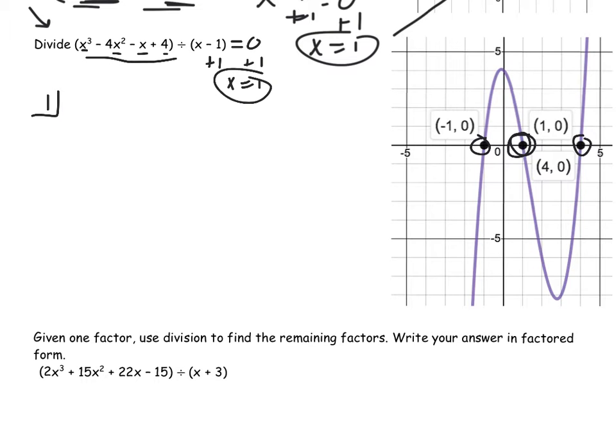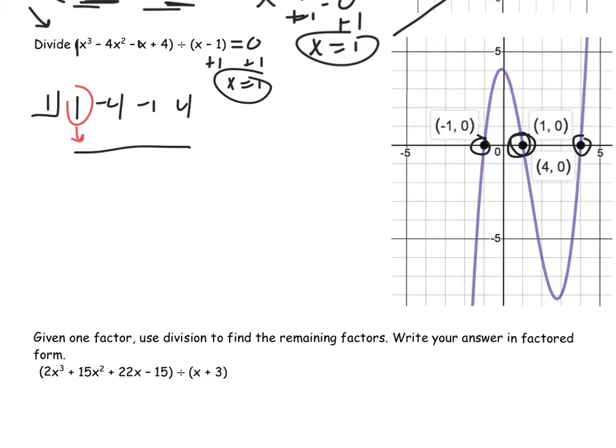So we're pretty good to go right there. We just need to take all those numbers. That's 1x cubed minus 4x squared minus 1x plus 4. So we got 1, negative 4, negative 1, and positive 4. And we're going to use synthetic division to break it down. We're going to have to factor this one. I'll show you that in a minute.